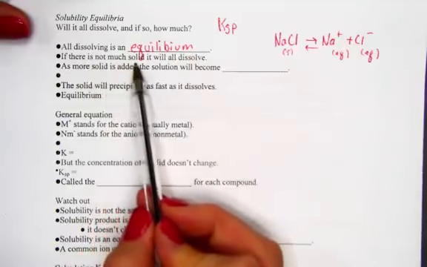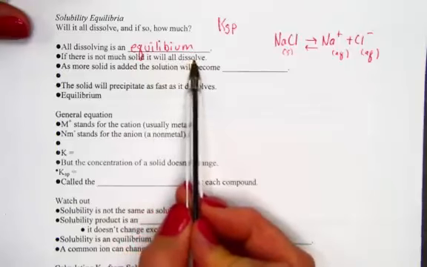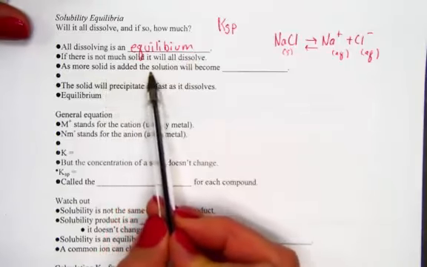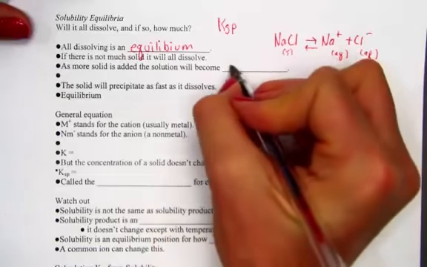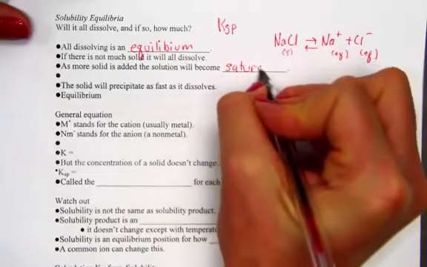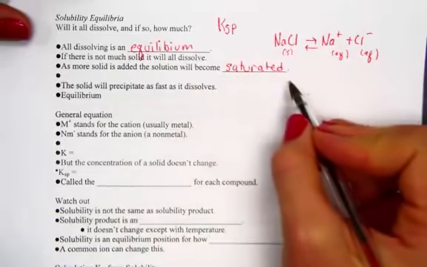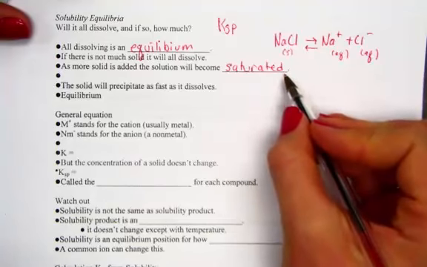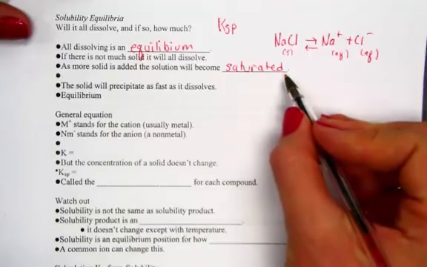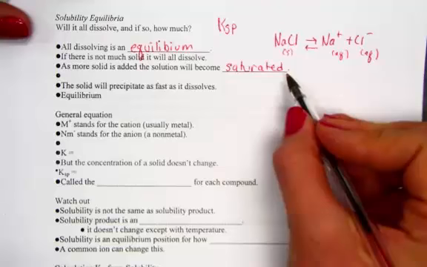If there is not much solid, it will all dissolve. As more solid is added to the solution, it will become saturated. The term saturated means that particular volume of water is absolutely holding as much as it possibly can of that dissolved salt, and if I added any more, it would just simply sink to the bottom.